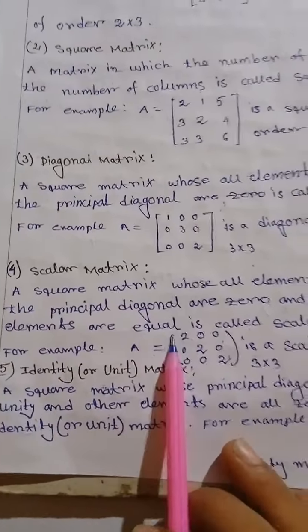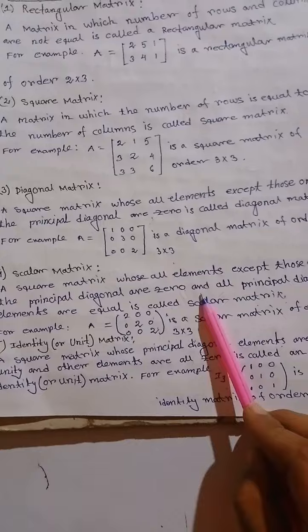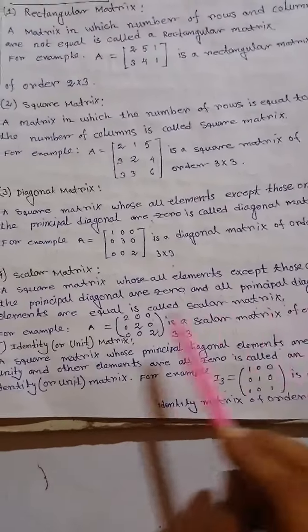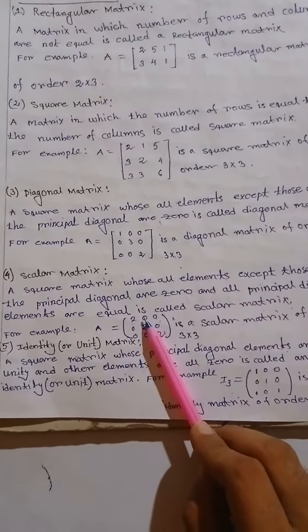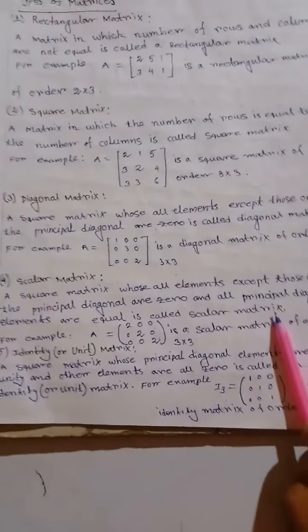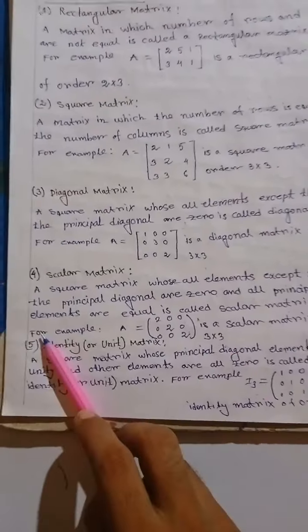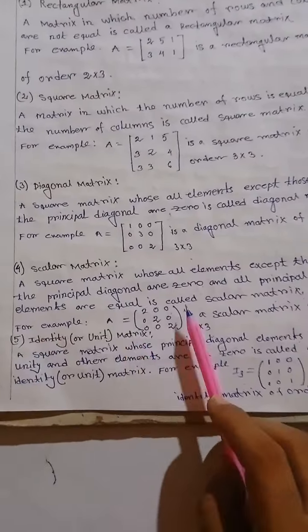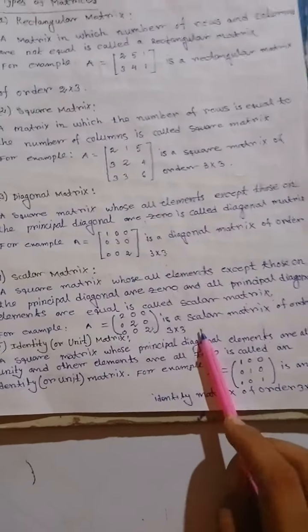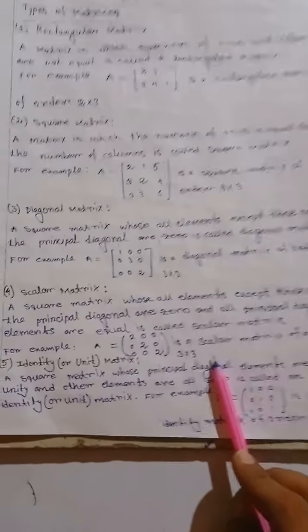A square matrix whose all elements except those on the principal diagonal are 0 and all principal diagonal elements are equal is called scalar matrix. For example, a matrix 2 0 0 0 2 0 0 0 2 is a scalar matrix of order 3 by 3.